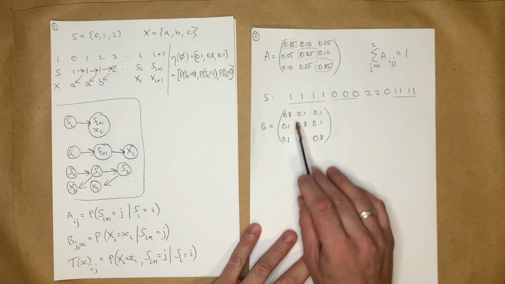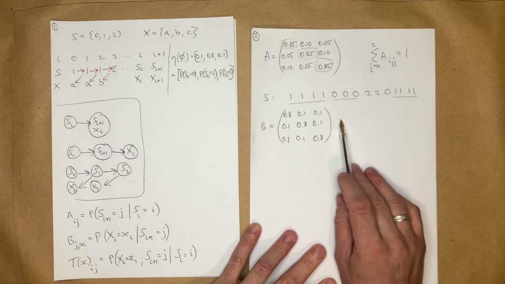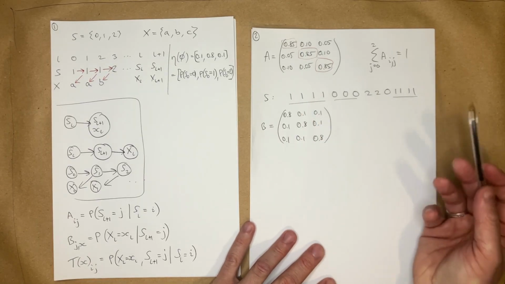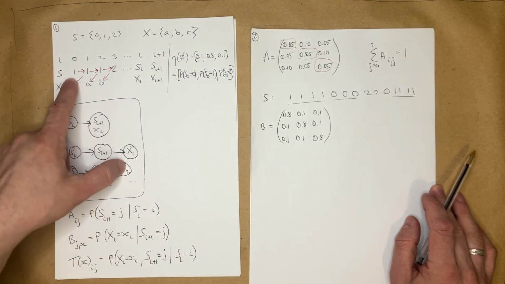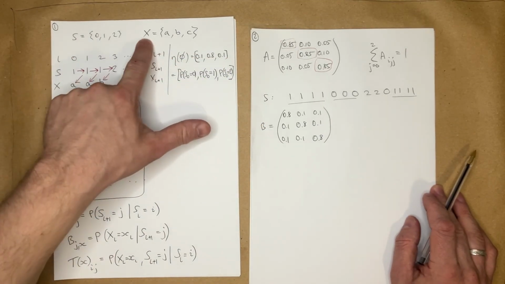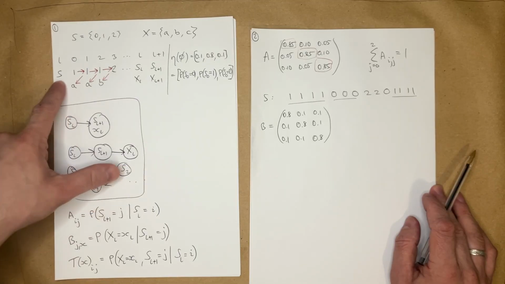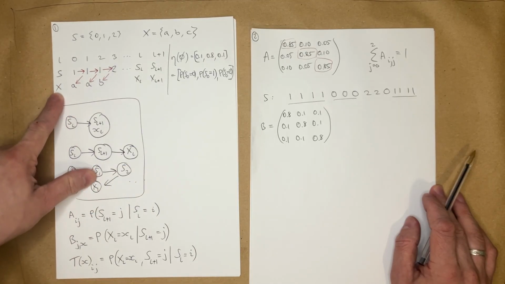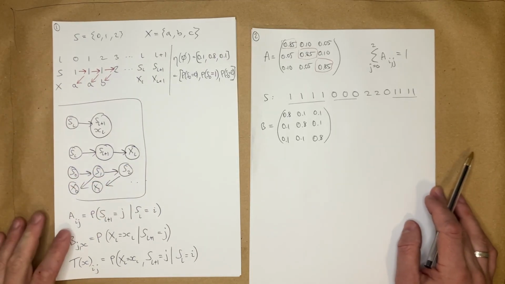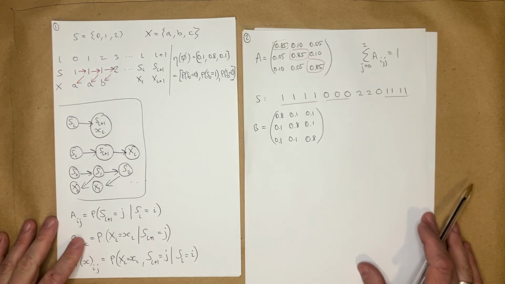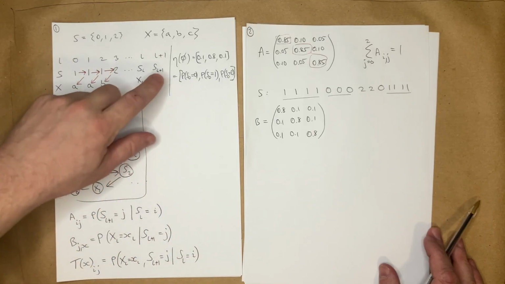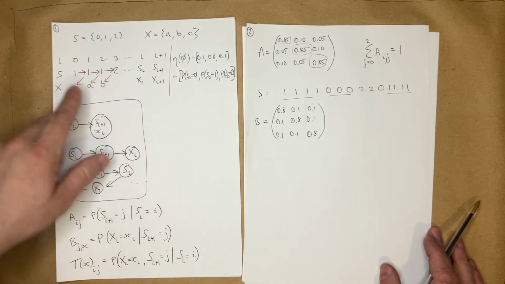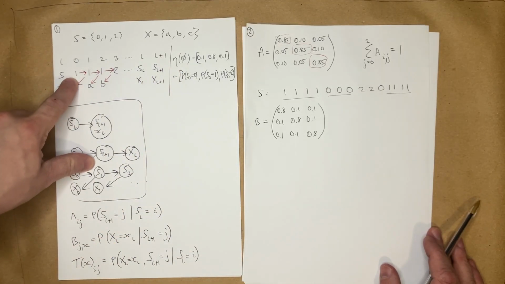If it's in state 1, it tends to be B that gets emitted. Again, 80% probability, and so on. And so the matrices A and B determine the trajectories through these two state spaces of the sequence of hidden states S and the sequence of tokens X. The dynamics of the system are really enshrined in the parameters of A and B, as well as, I suppose, the prior probability which seeds the value of S in this first instance.